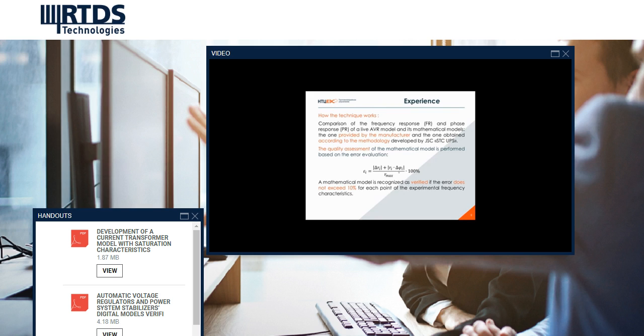The error at each point is estimated according to the formula on the slide. As you see, it considers both the amplitude difference and the phase difference. The main role in AVR tuning is played by the phase response, so phase model errors will make a big contribution to the total error.